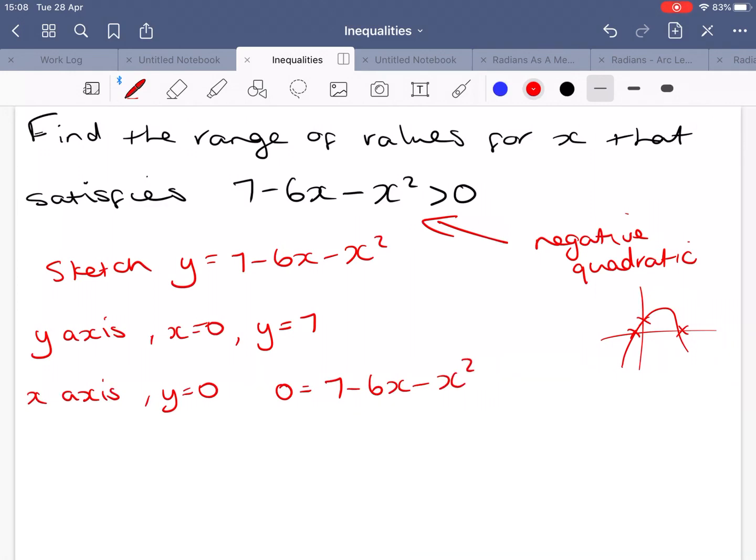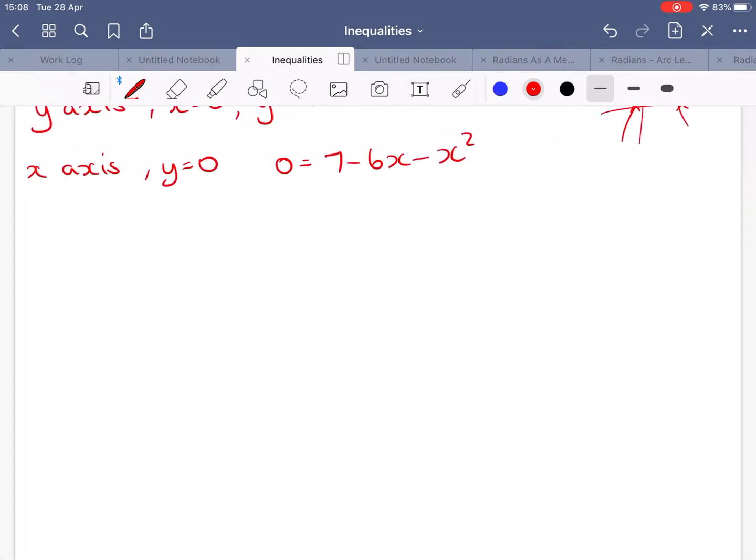Now, factorising negative quadratics is never easy. It's not never easy, but it's more difficult than factorising quadratics with a positive x squared. So I personally always multiply through by -1. So it becomes, all the signs change, x squared plus 6x minus 7.